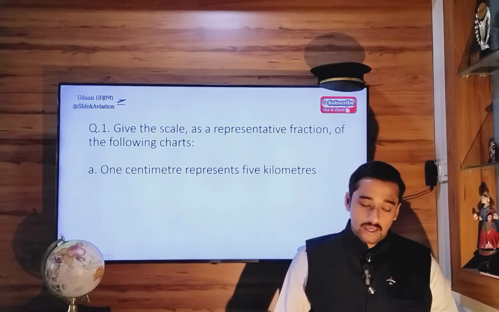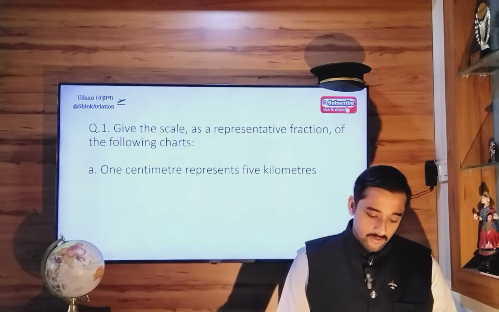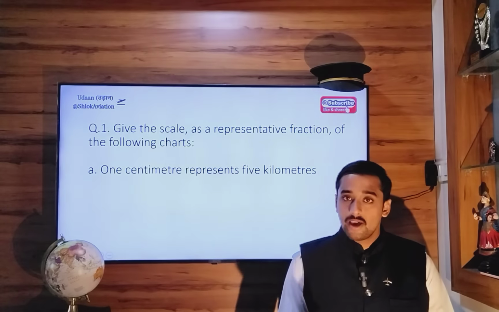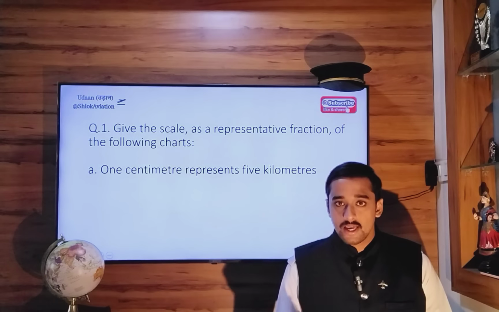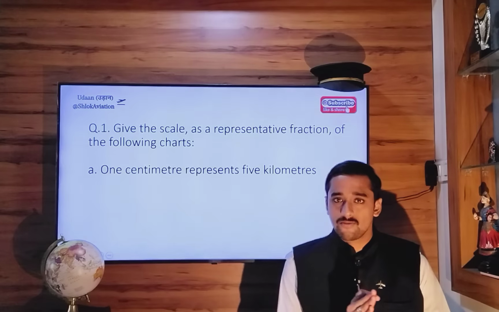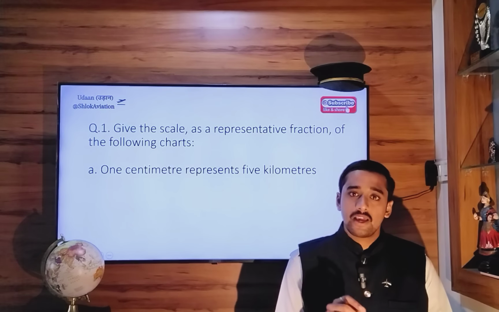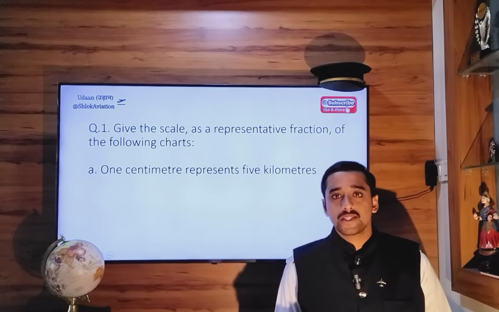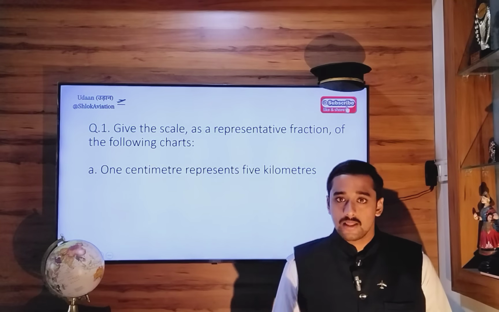It says, given the scale, we have to find the representative fraction, that is the scale of this particular question. There are 5 sub questions, and for every question we have to find a representative fraction, nothing but the scale.